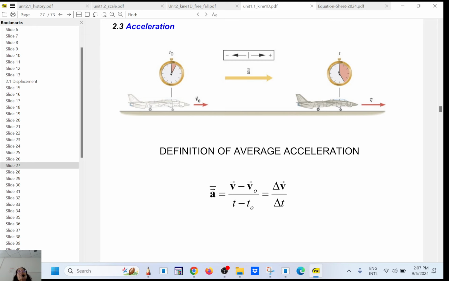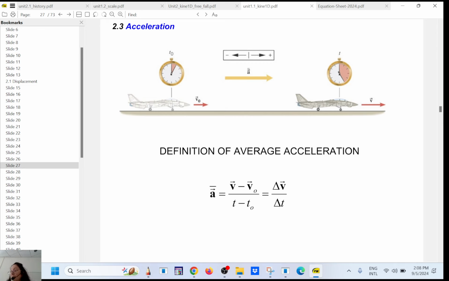It tells you how fast it's getting faster. The best example is acceleration due to gravity. If I drop something, it's going to speed up going down. It's moving faster by 22 miles per hour every second. That's the meaning of an acceleration. It's a rate.